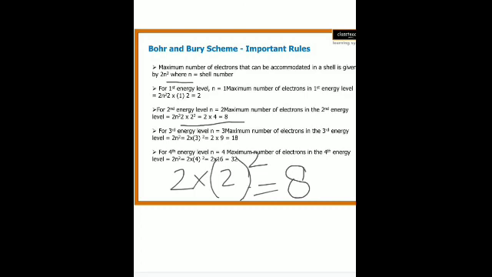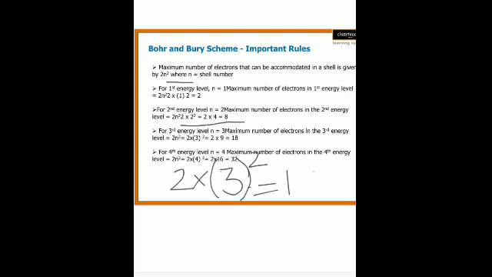Is it clear? Then similarly we take shell number 3, that is energy level n equal to 3, and the maximum number of electrons that will fit in. You can calculate it yourself. 3 square is 9, so 2 nines are 18.